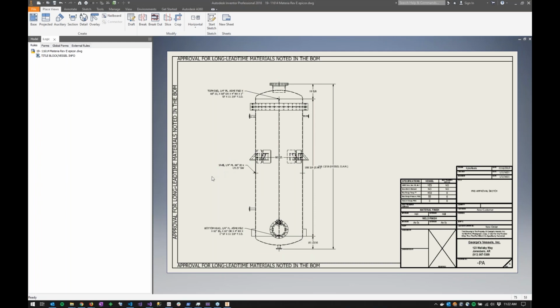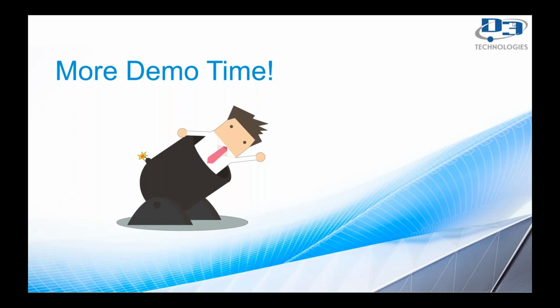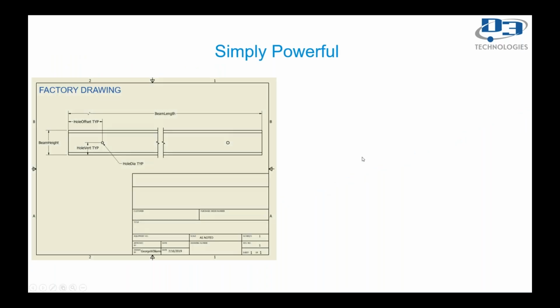And again, like we mentioned earlier, any vessel that we send over would have various annotations on it for this particular configuration. Let's move back to my presentation now. Just wanted to show you an example of it running inside of Inventor and not just on Forge.